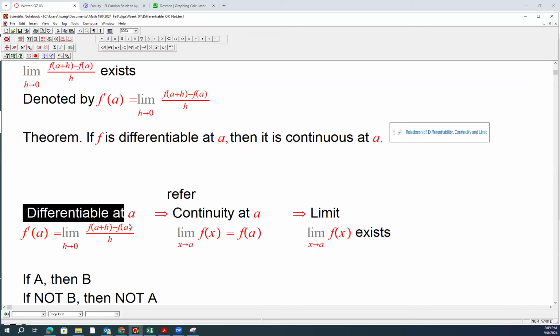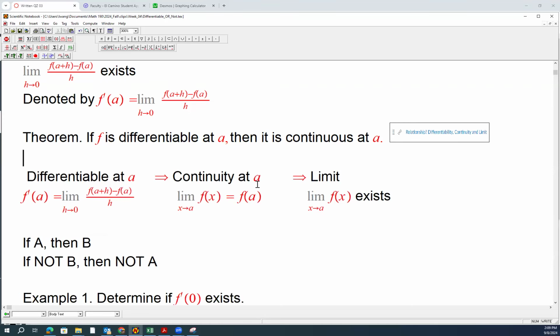So differentiability at A guarantees the continuity at A. So this relationship is established. Now, the definition of a continuous function guarantees that if it is continuous at A, then the function has a limit at A. So the limit exists is also guaranteed.